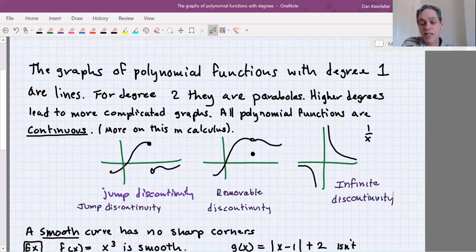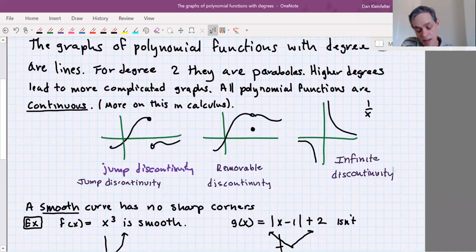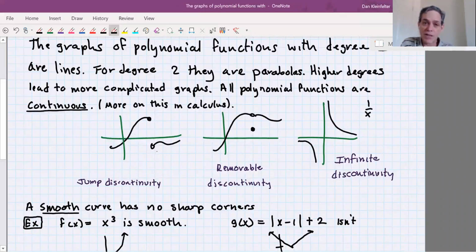Ways in which a function can fail to be continuous are shown here. This, of course, does not apply to polynomial functions that are everywhere continuous, but for discontinuous functions, it may be because they have what's called a jump discontinuity. We saw examples of this with piecewise defined functions. It looks like the function values are headed to a particular spot and then suddenly they jump up or down to some other place.